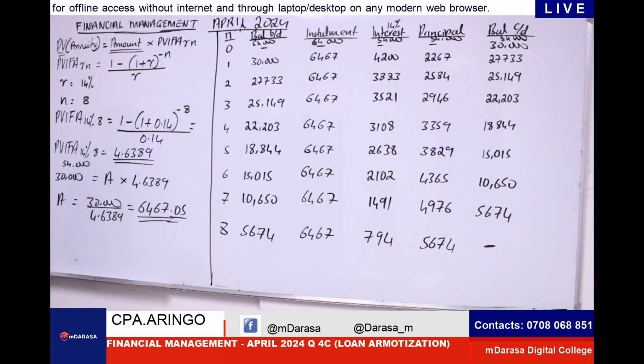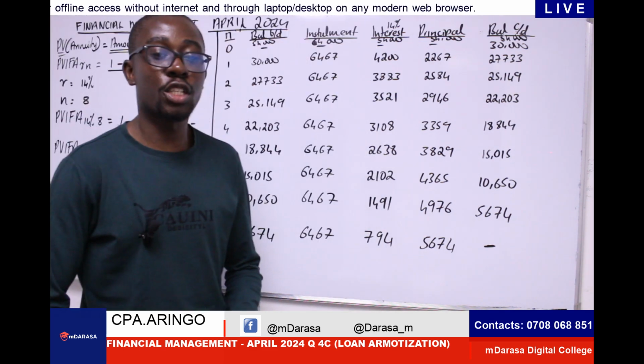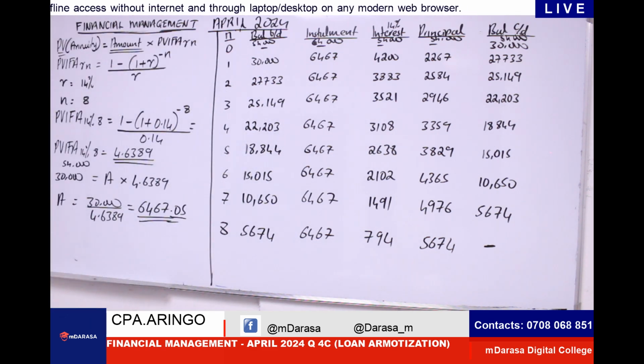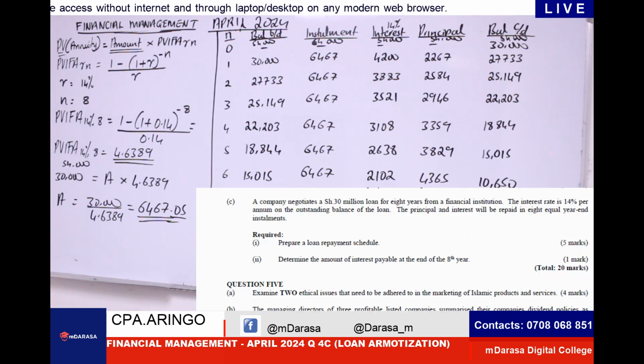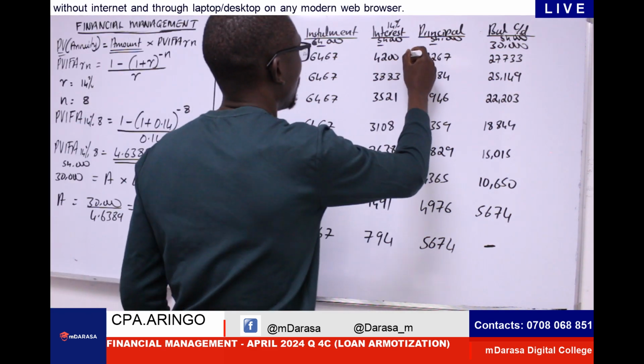So at this point, whatever we've done, we've prepared our loan amortization schedule, our loan repayment schedule. If you look at this question, a good examiner wanted us also to determine the amount of interest payable at the end of the 8th year. So I'm just going to sum our interest component.